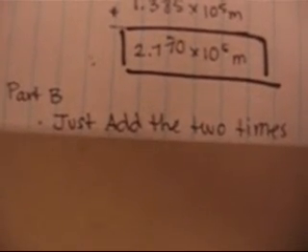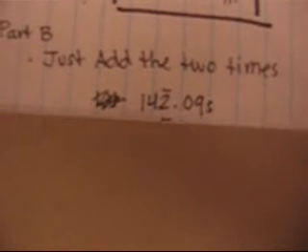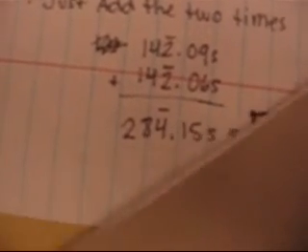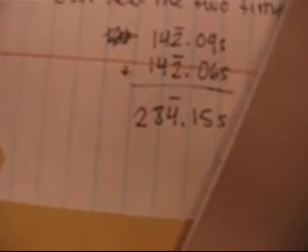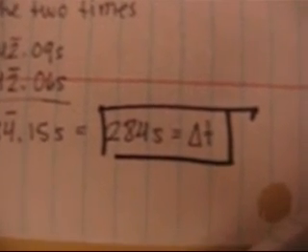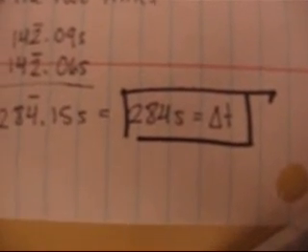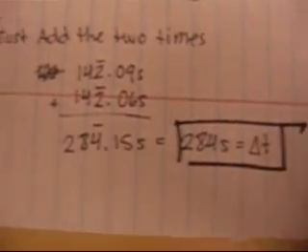Well, we have the 2 times already, just add them together. So that time plus that time should equal that. But since we have 3 sig figs, just bring it down to 284 seconds. It's delta time. Well done.